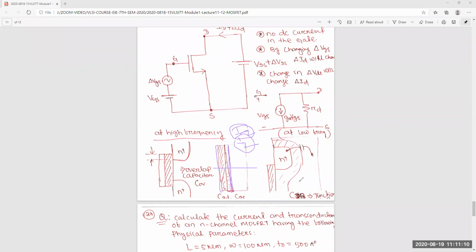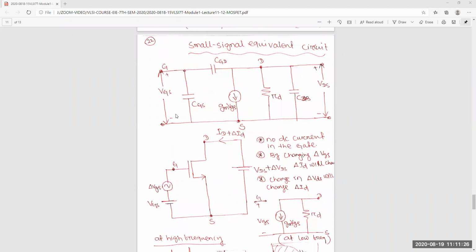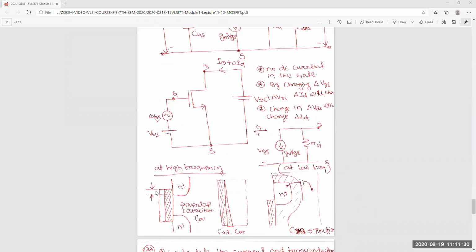So these two capacitances are CGS and CGD. If we check here, this one is CGS, and another is CGD. This is CGD, and here also you can get a CGD.